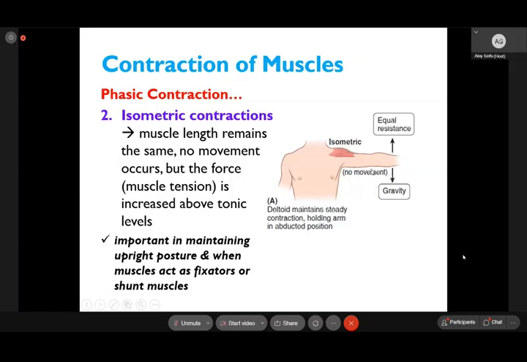The force of tension is somewhat larger than in the tonic type of contraction, so there is some more resistance than the tonic one. This is used for maintaining our posture in an upright position. Fixator muscles, which we will see later on, also act on the proximal ends of the primary mover muscles.